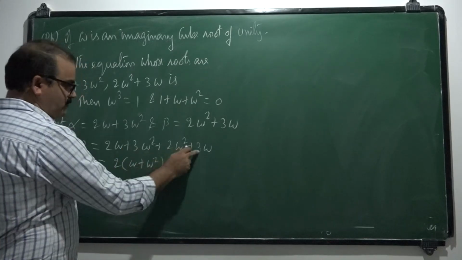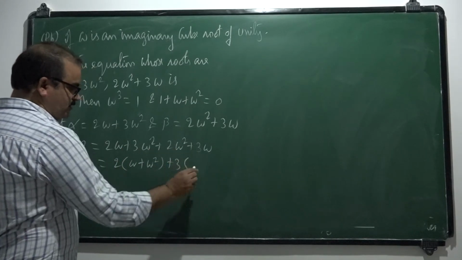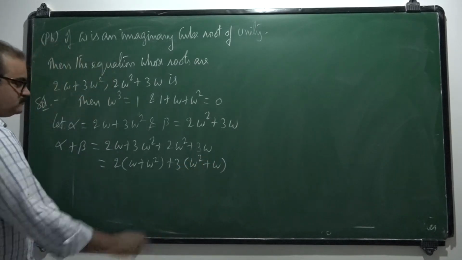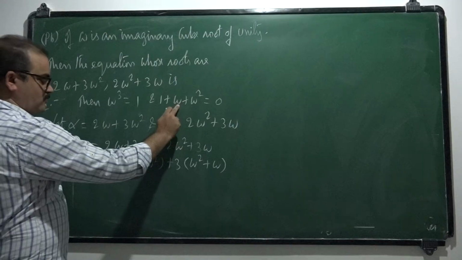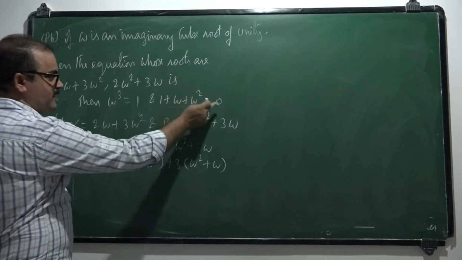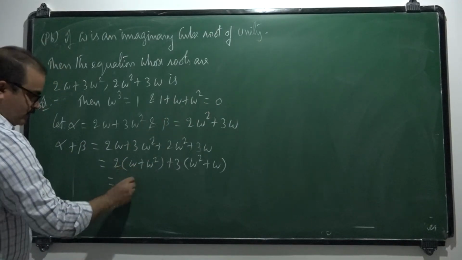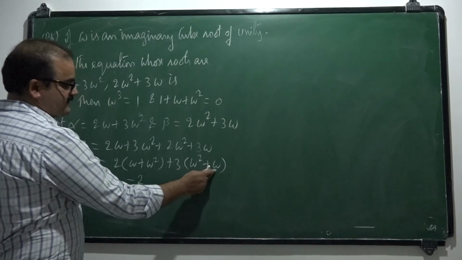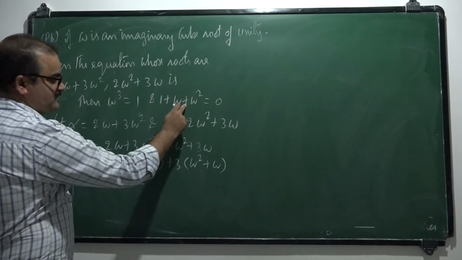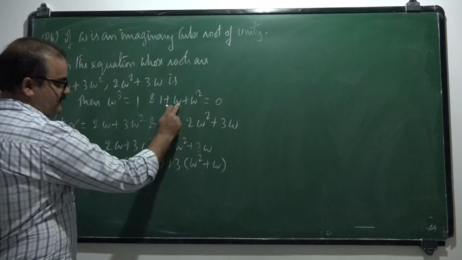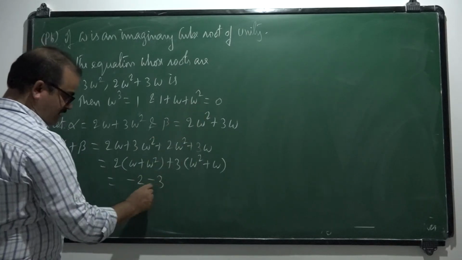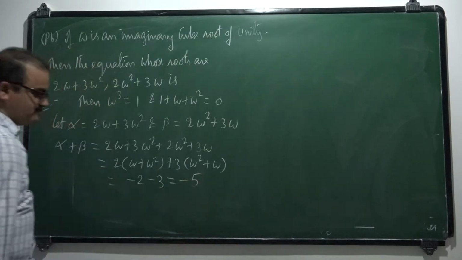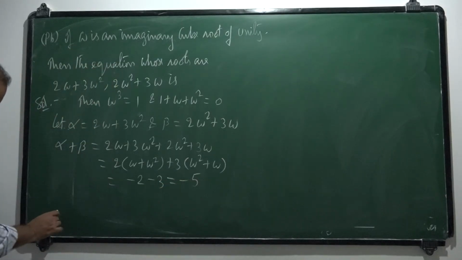From the second term and fourth term take 3 common, omega square plus omega. From this condition, omega plus omega square is minus 1. 2 into minus 1, minus 2. Here also omega square plus omega is minus 1, minus 3. Minus 2, minus 3, that is minus 5.